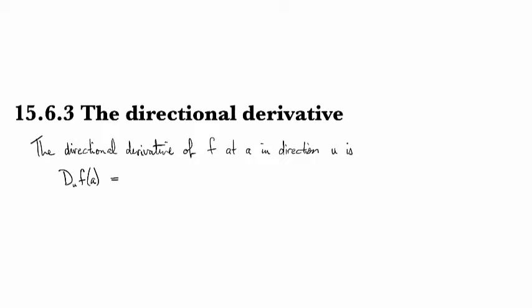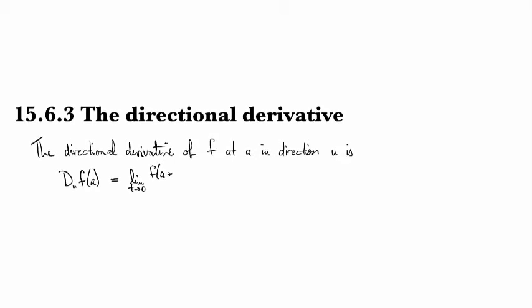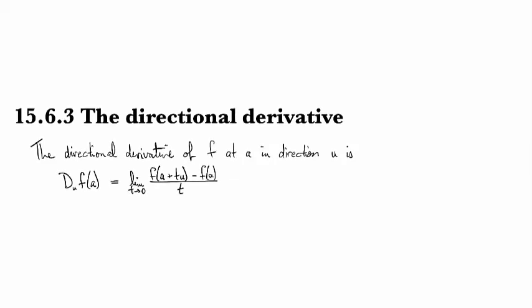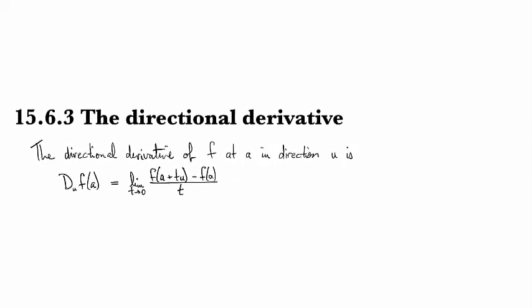And this symbol means we take the limit as t goes to 0 of f of, and then we look at the location a and move slightly in the u direction. Compare that to the value of a where we started and divide by t. So we're doing a usual limit quotient definition of a derivative.